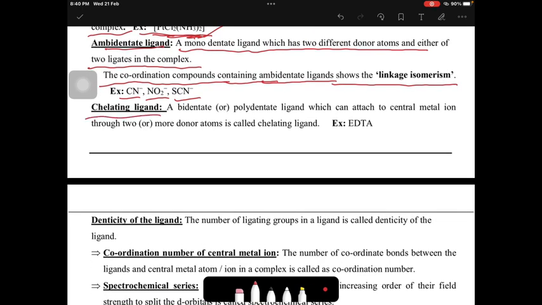Chelating agent means a bidentate or polydentate ligand which can attach to the central metal ion through two or more donor atoms. Example: EDTA.